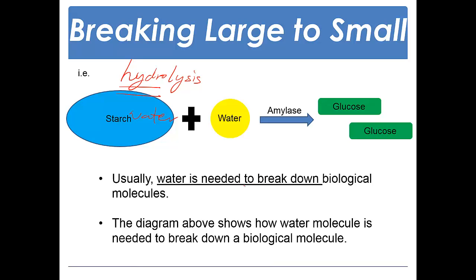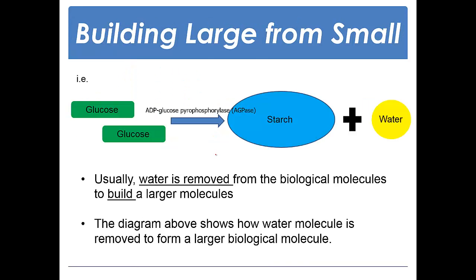The main point here is, you don't need to copy everything, but you need to start to know the reaction itself. You need to use water to break down the starch. In other words, if we do it oppositely, when we use two glucose to form starch, or a few glucose, not necessarily two, what I call starch is actually a chain of glucose.